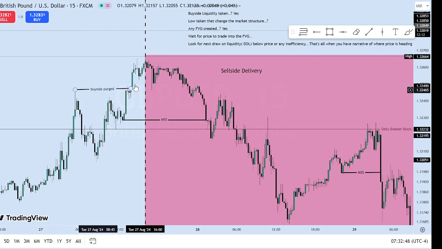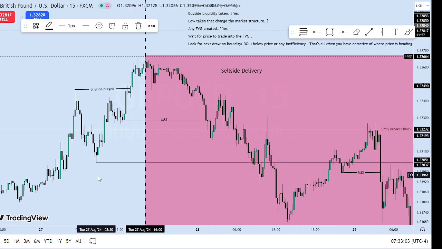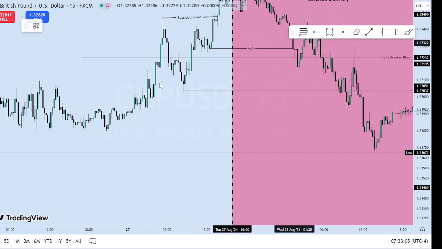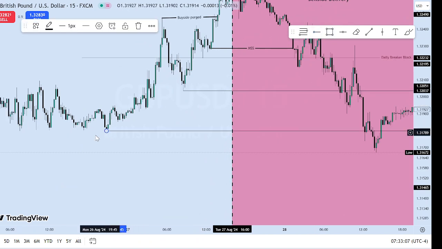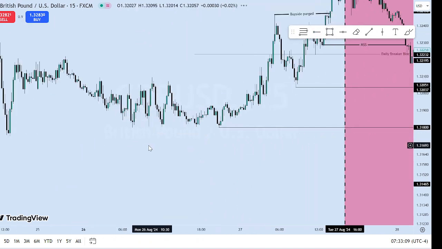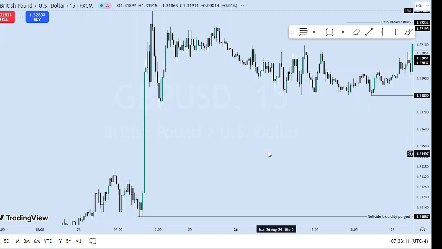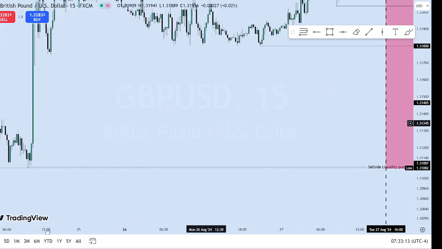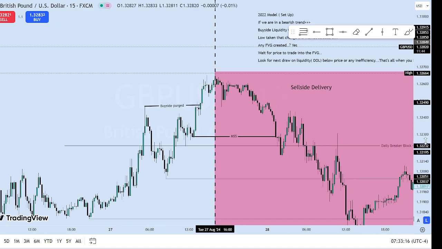As we took out the buy side, price started retracing back, like redelivering for a sell side delivery. Below here are sell side delivery, sell side liquidity resting below. All this low, all this low, they are all sell side liquidity.